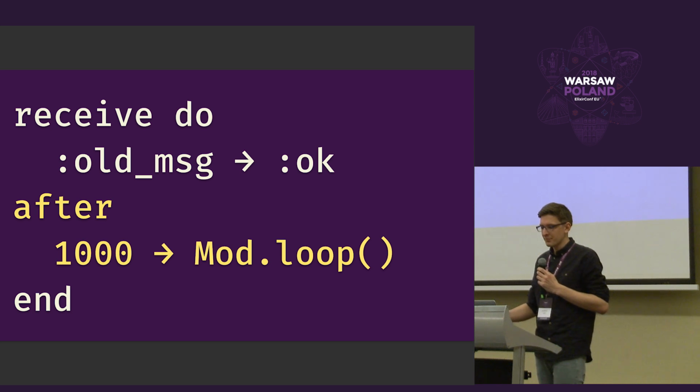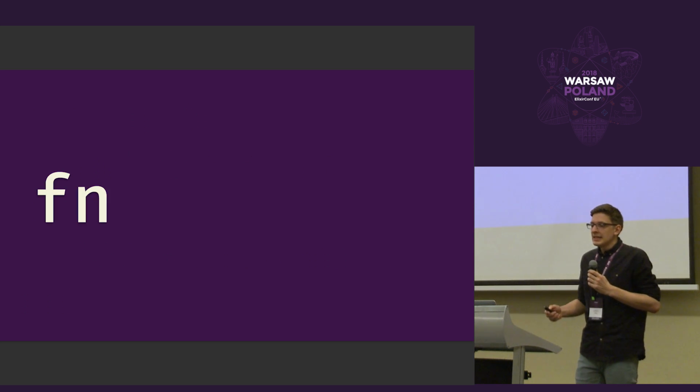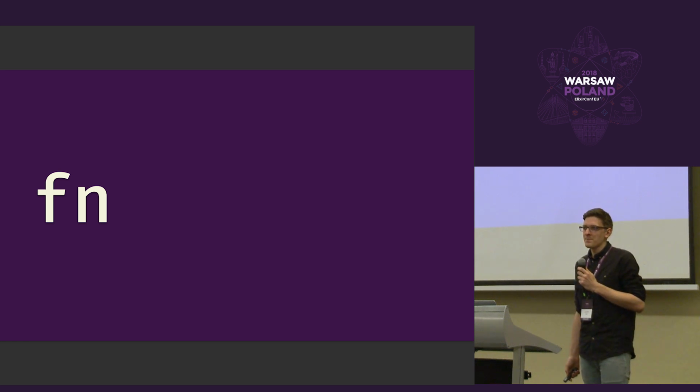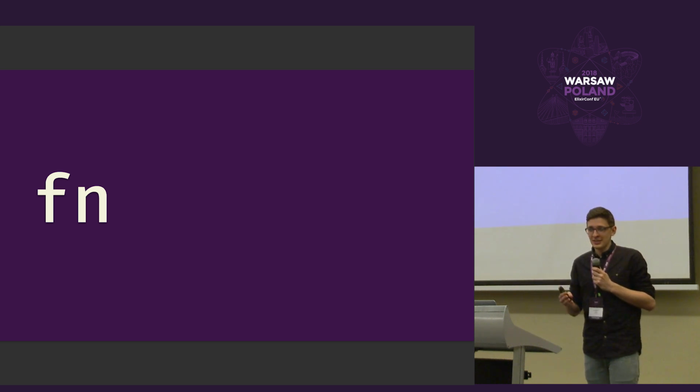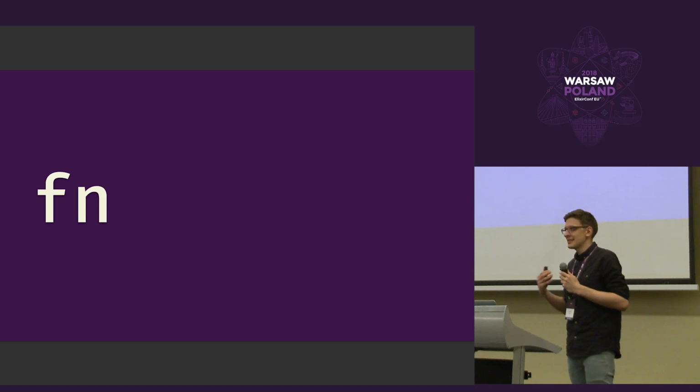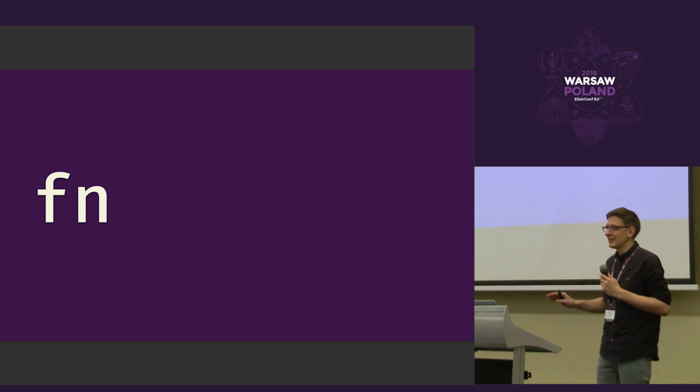Now, next thing's a biggie. Anonymous functions really are the worst. You don't even have to be looking at them or executing them to totally break things. For example, if I send you an anonymous function, it goes into your mailbox, and you don't even look at it, and then my module gets purged, your process is going to explode.